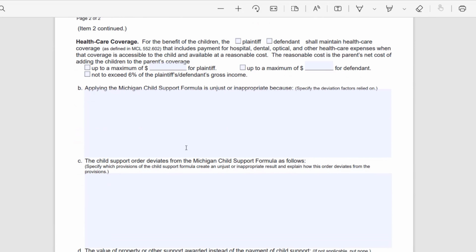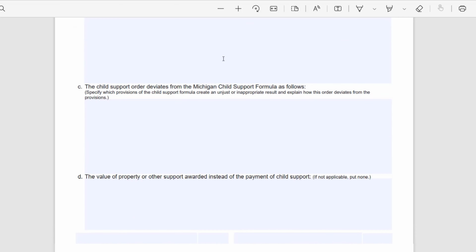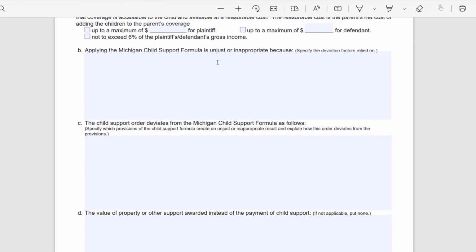The other thing that you're going to have to fill out from what it would have been pursuant to the formula is the health care coverage. Like I said, sometimes that's something that families are going to deviate from, the health care coverage provision. So this is another situation why this is on here for you to specify what it would have been pursuant to the manual. Okay, now we're going to get into the other parts of the form.